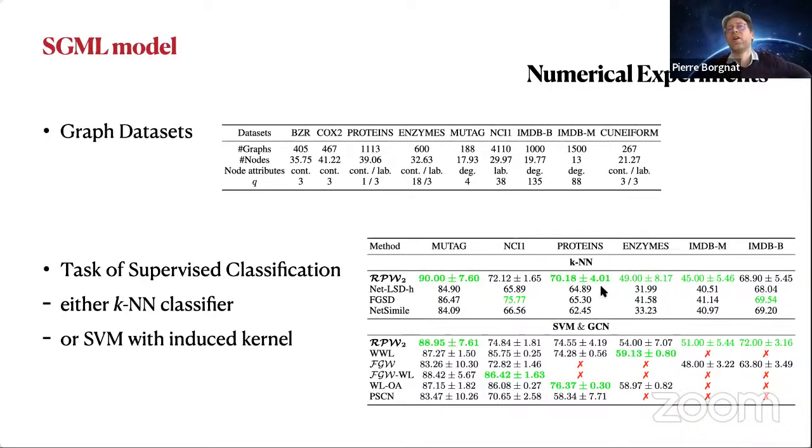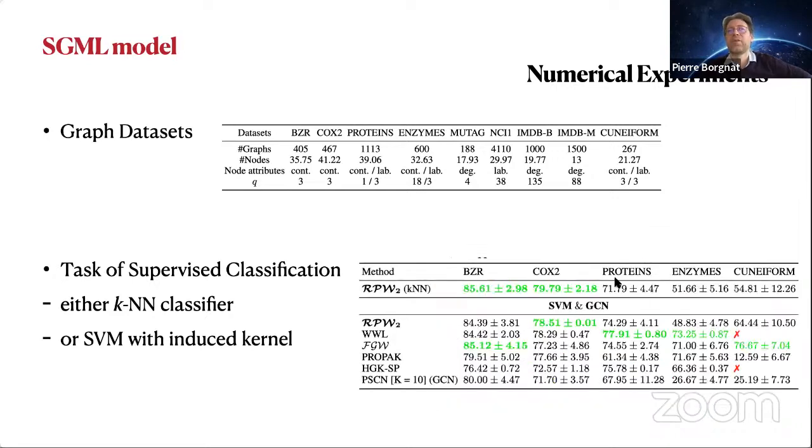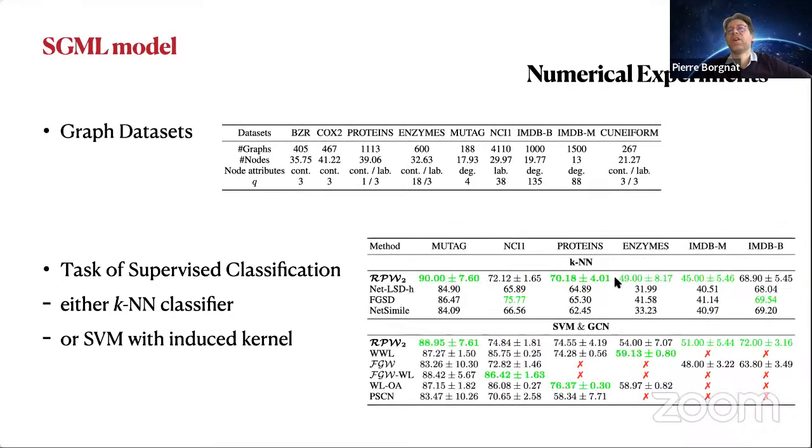Especially for KNN, we have good performance, not super good performance. The idea is that we have performance which is comparable to more costly methods such as NetLSD or Fused Gromov, the approach based on Fused Gromov slice versus time, for instance.